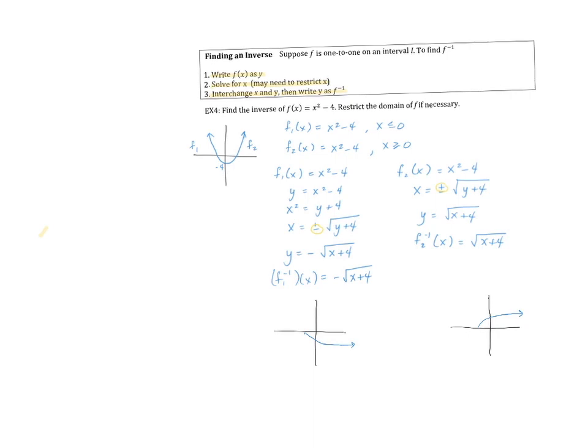So if we put these two together, this lower half and this upper half, what we get is a parabola that opens to the right. And if you look at the original function, it was a parabola opening up. So we just took this parabola and we flipped it.